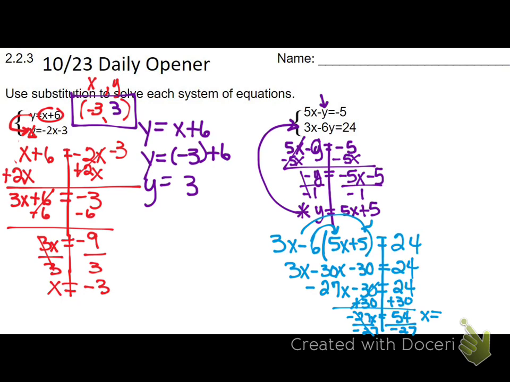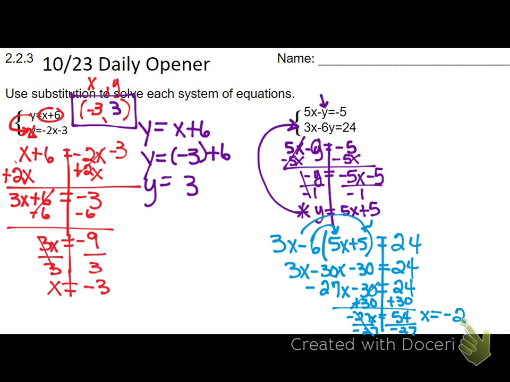Try it again, Josh. Take 54 divided by negative 27. Okay, I just wanted to make sure that we're on the same page here. So I know my x equals negative 2.